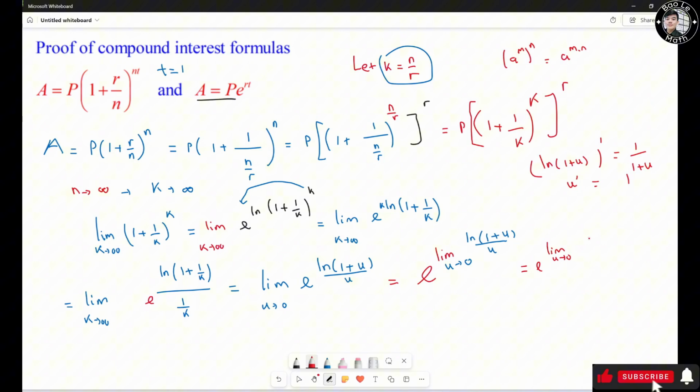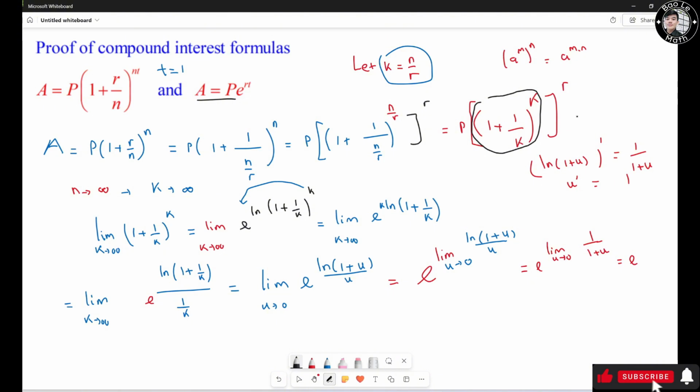So this becomes 1 over 1 plus u. When u approaches 0, this approaches 1, so the whole thing approaches e. So we just proved that this approaches e when k approaches infinity.